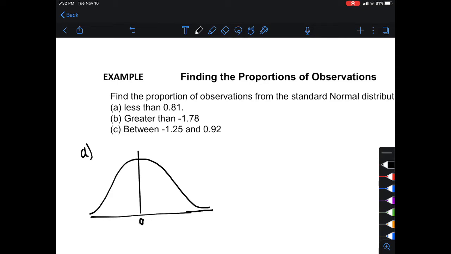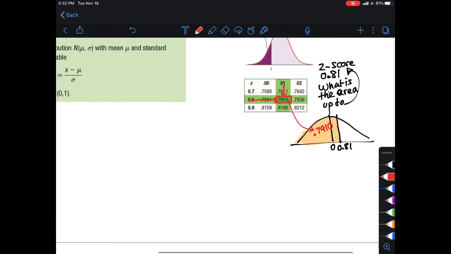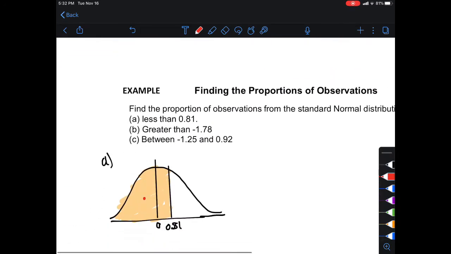Oh well. So 0, 0.81. We use the table. And so less than is this area here. And then we use the table, and we find that this area is what did we say it was? 0.7910.